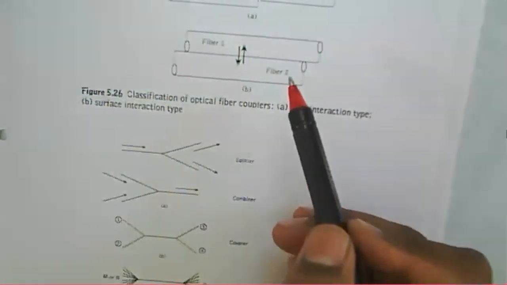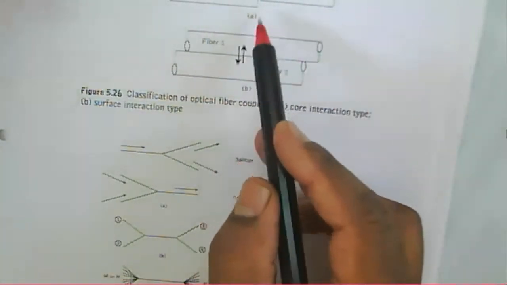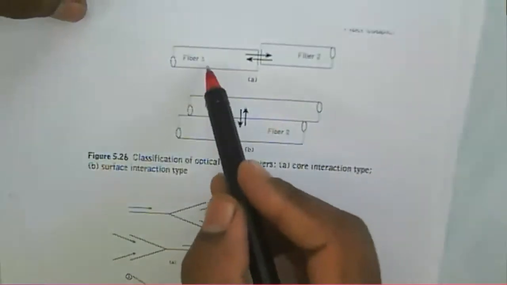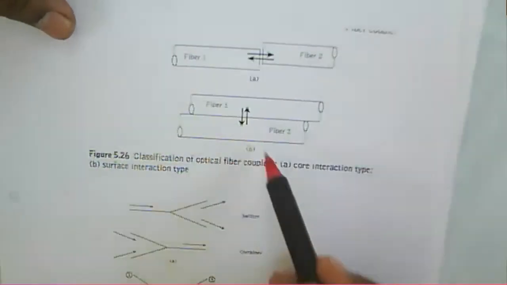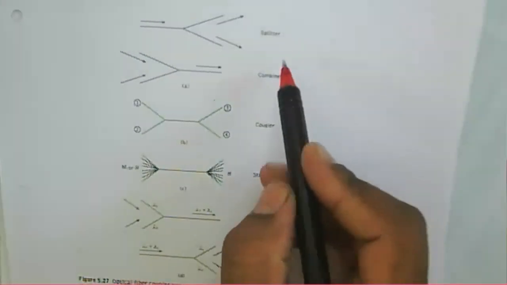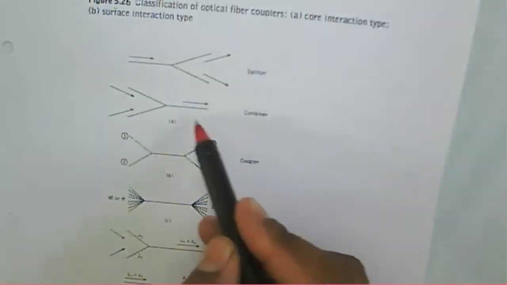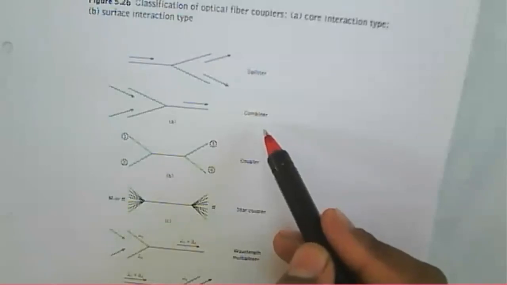To connect the fiber, we need to match the core of the fiber, core interaction type or surface interaction type. That is about the fiber types. We can use a coupler to split the power or to combine the power. So there are the splitter and combiner.